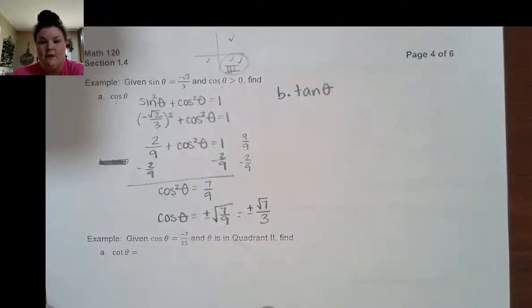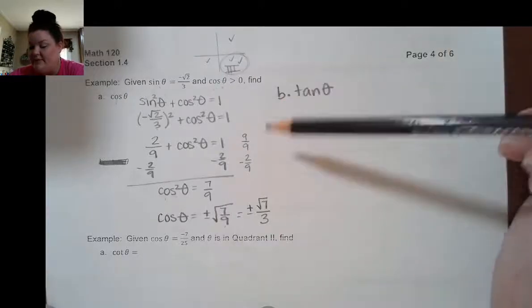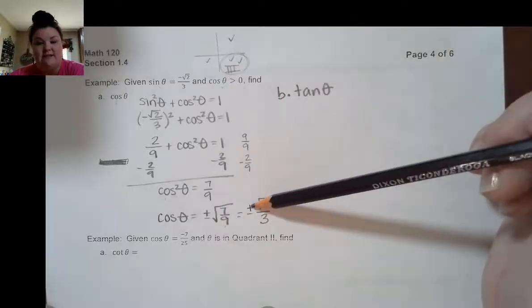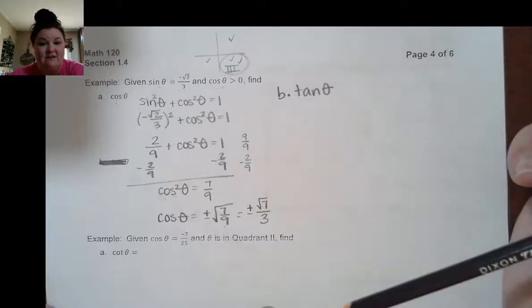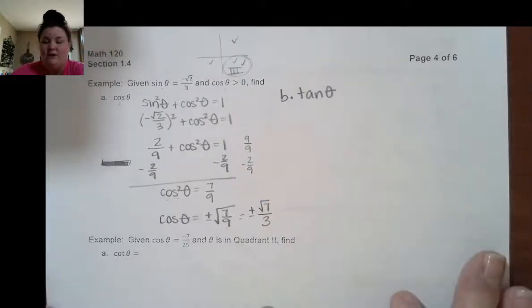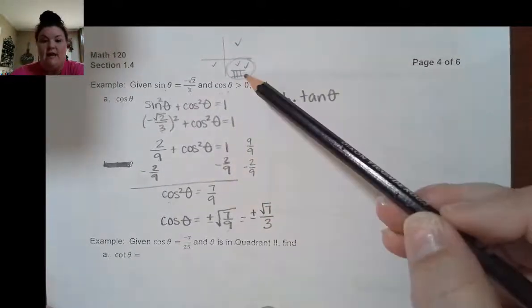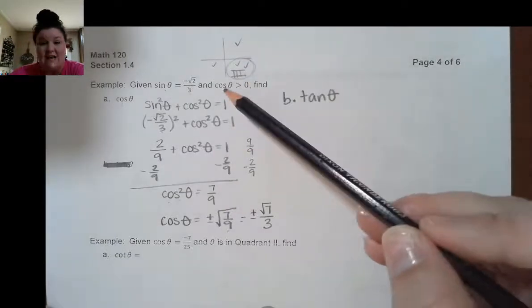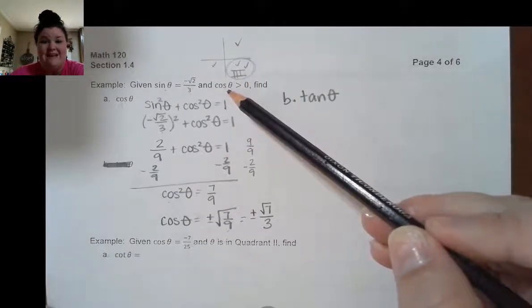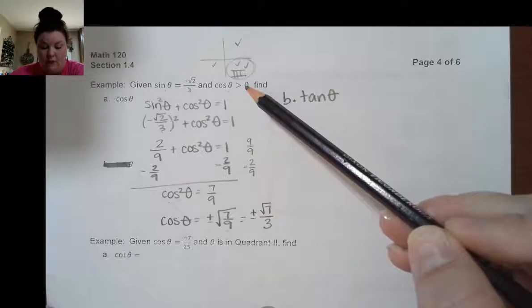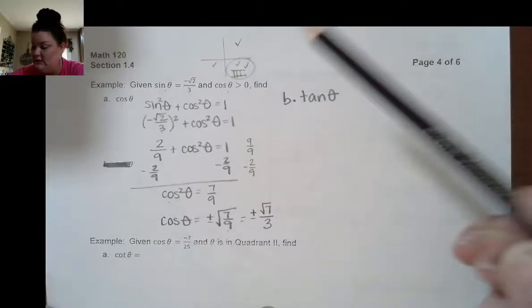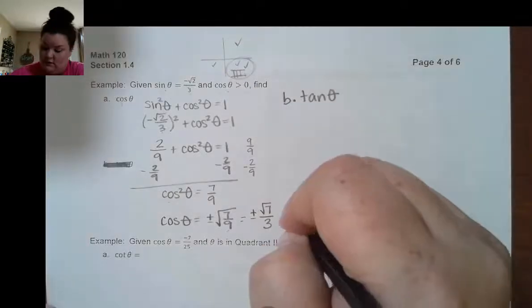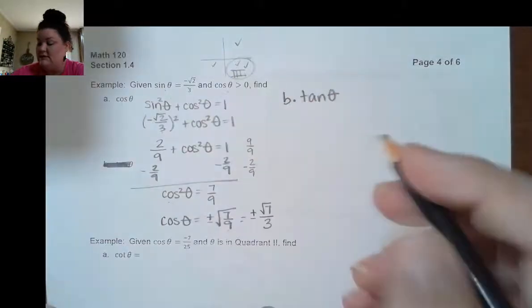Okay. All right, so let's go back up here and think about this. I need to know, do I take the positive answer or do I take the negative answer? So when I look, I know that this is in quadrant 3, and in quadrant 3, my cosine value is greater than 0, which means we want the positive, right? I'm not going to say anything because I have it written up here.